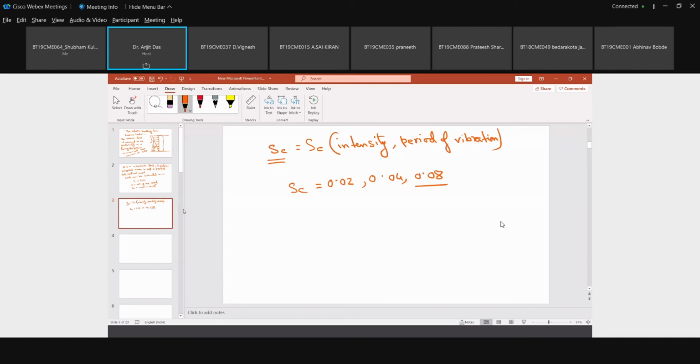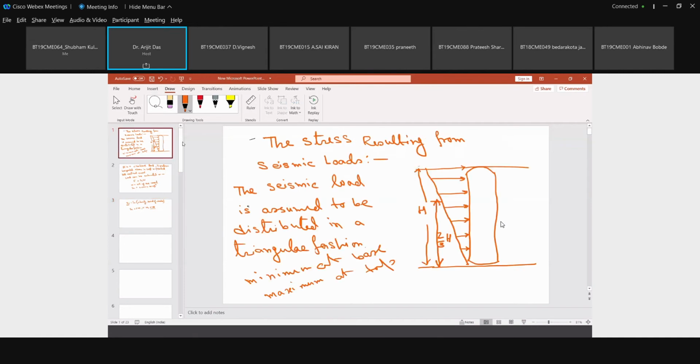Now, due to this seismic load, what will happen? It will bend, and a horizontal shear will be produced.